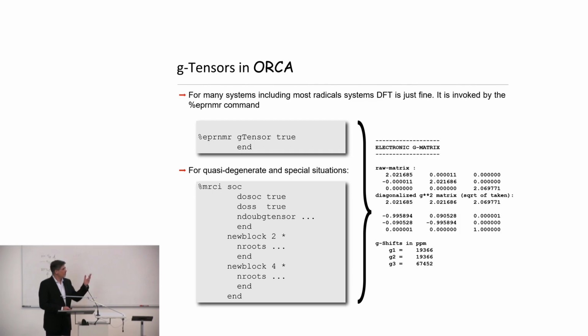Now, of course, if you have, say, a zero field splitting tensor and a G-tensor simultaneously, they're not necessarily diagonalizing in the same coordinate system, right? And so that is what we call non-collinear tensors. As a person doing EPR fitting, you will hate that.